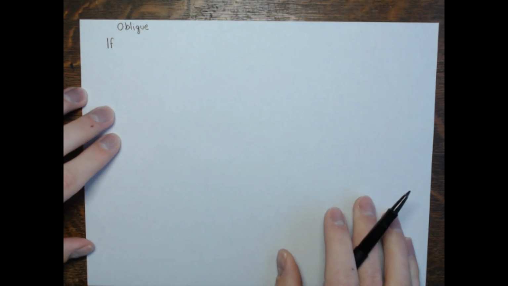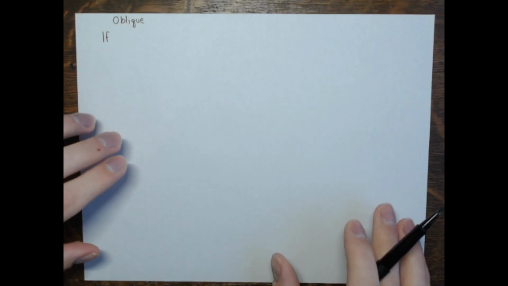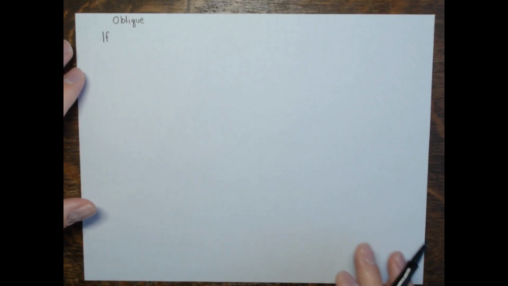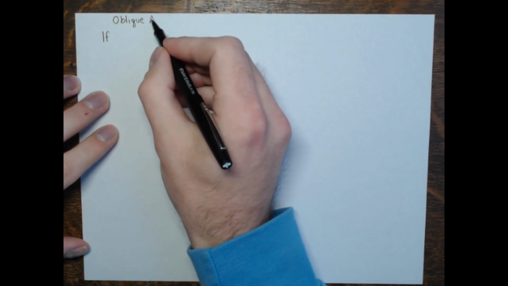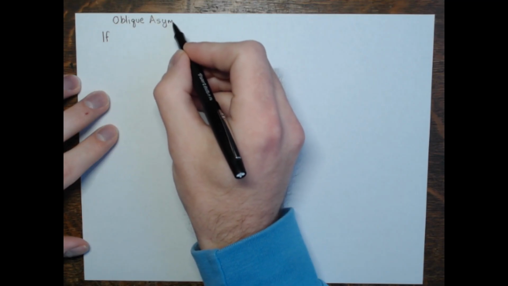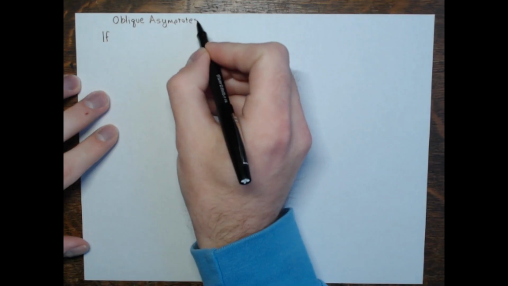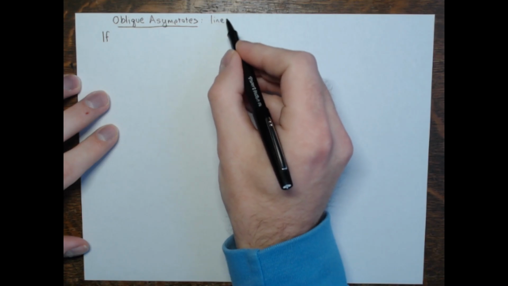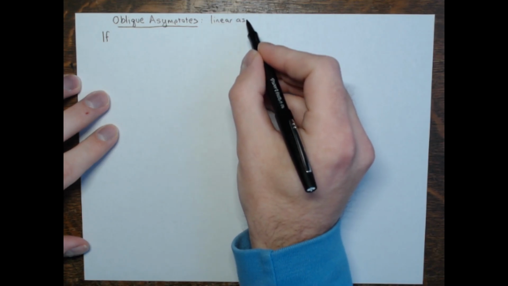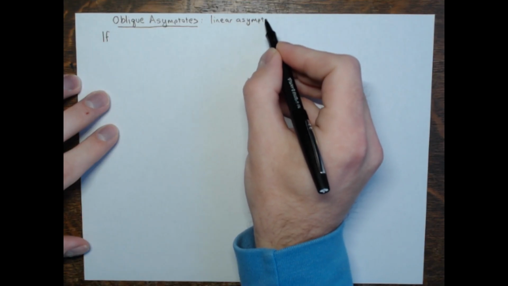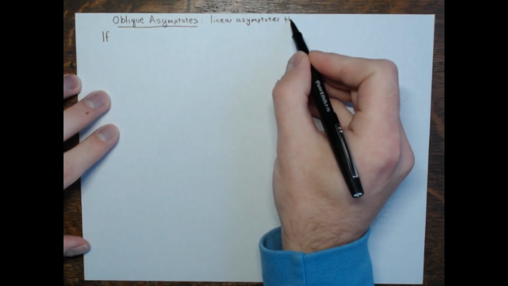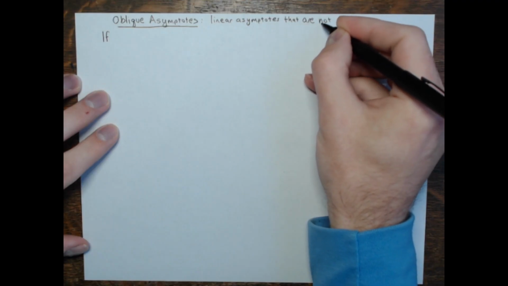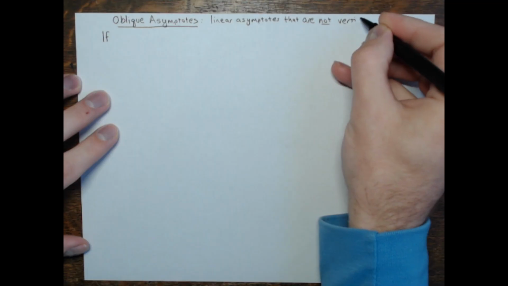These are just linear asymptotes, so graphs of lines that the original function will be approaching on the ends that aren't horizontal. So these are linear asymptotes that are not horizontal. Well, that are not vertical or horizontal, right?